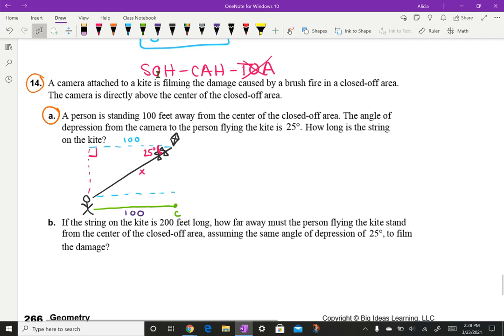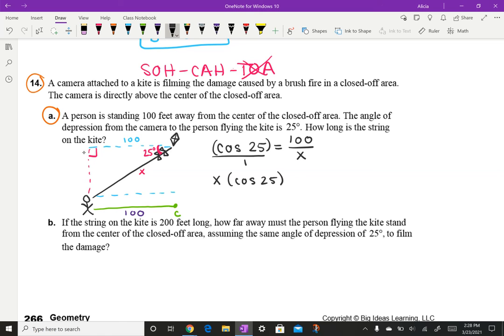If it's opposite, we're going to use sine. If it's adjacent, we're going to use cosine. So from 25 degrees, the leg that I know is adjacent. So that tells me that I'm going to use cosine to solve this problem. So it's going to be cosine of 25 degrees equals the adjacent leg over the hypotenuse.